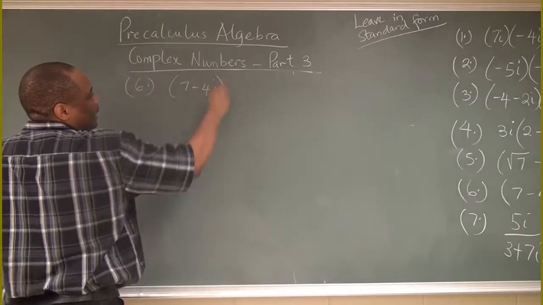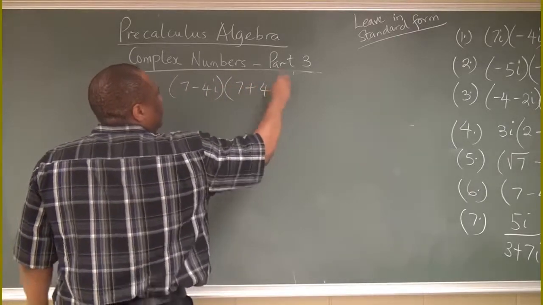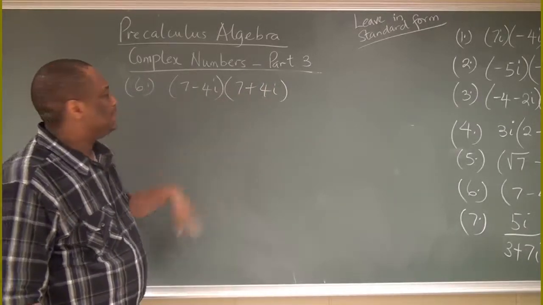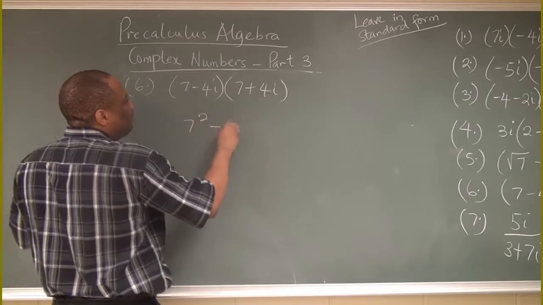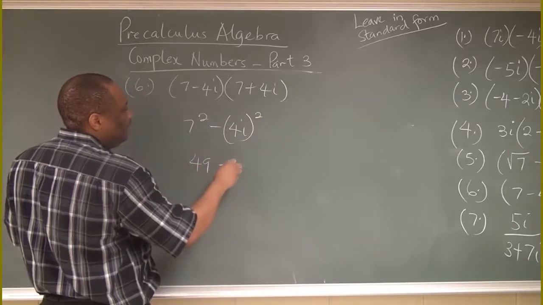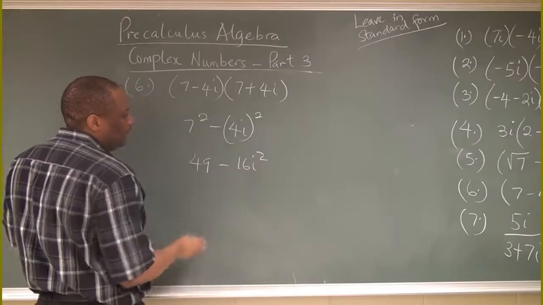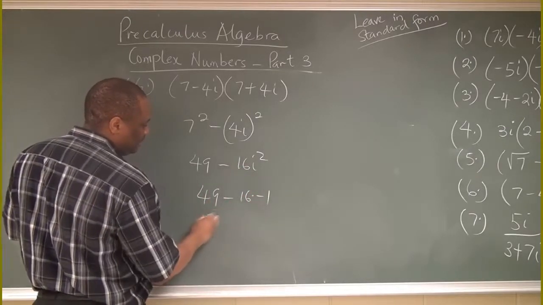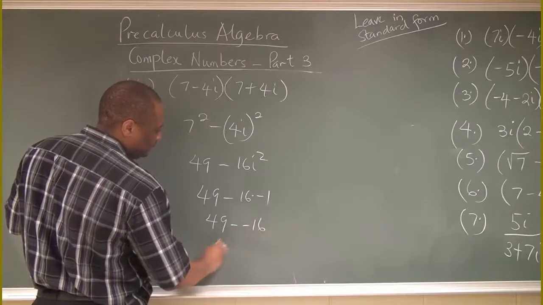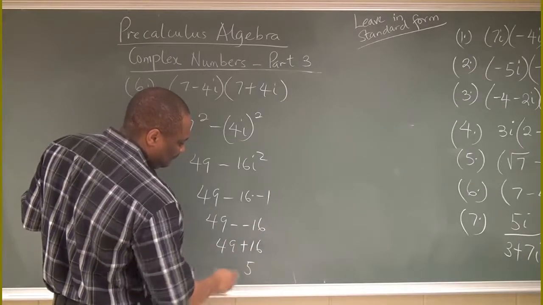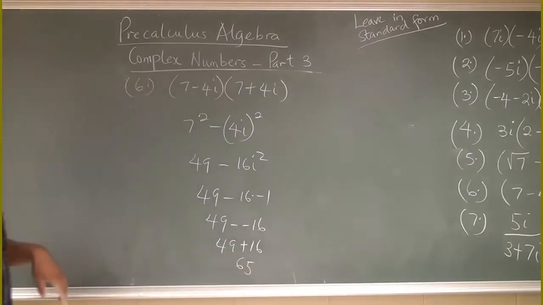7 minus 4i times 7 plus 4i. This is a clear case of difference of two squares. These are conjugates. So this is 7 squared minus 4i all squared. So this is 49 minus 16i squared, which is 49 minus 16 times minus 1, which is 49 plus 16, and that is 65.